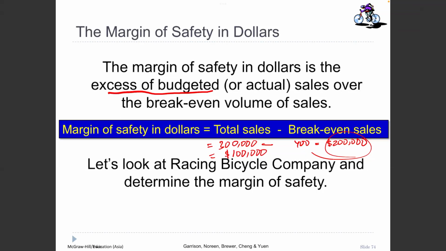If they decrease sales by 50,000, they will still be operating at profit level. But if they lose, let's say, $120,000, then they already experienced loss because it is more than the $100,000 margin of safety.